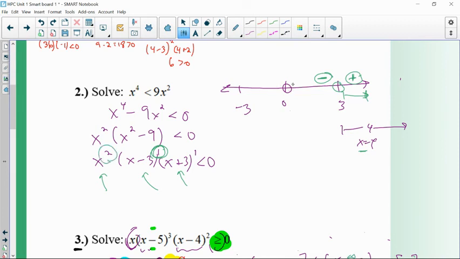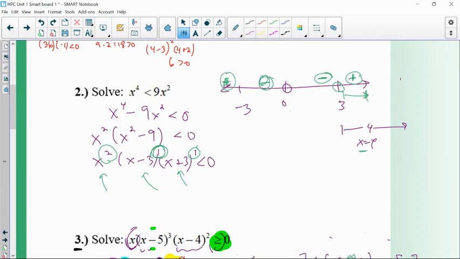The behavior is mirrored. So if one side is negative, the other side is negative. And then I'm working my way across to -3. That came from, again, an odd multiplicity. So if one side's negative, the other side is positive.